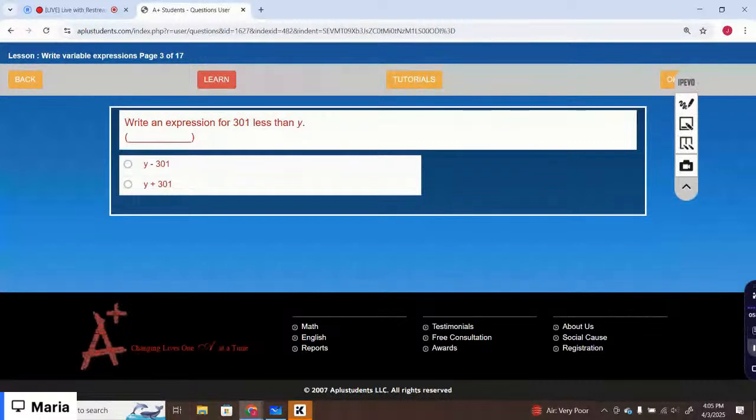Write an expression for 301 less than y. That is y minus 301. Option number 1 is the correct option.